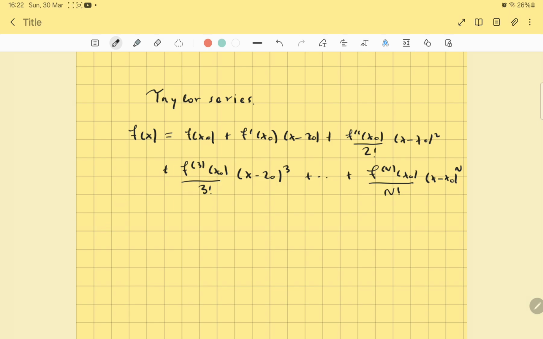So I can expand my function f as a polynomial function around x naught.